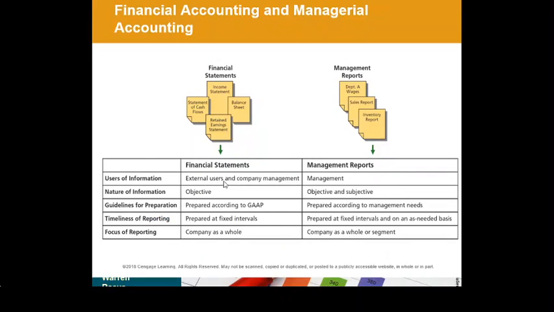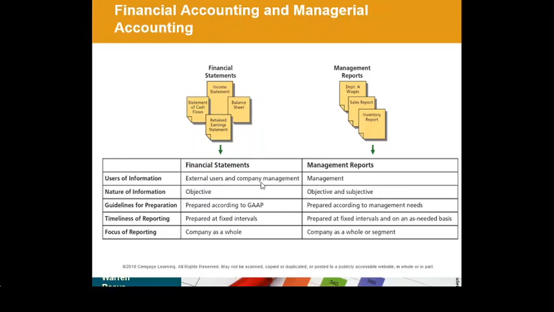Creditors, suppliers, and investors are considered external users of the financial statement, as well as company management. External users such as investors use the financial statement in their decision making, such as whether they want to continue investing in the company or to stop their investment.